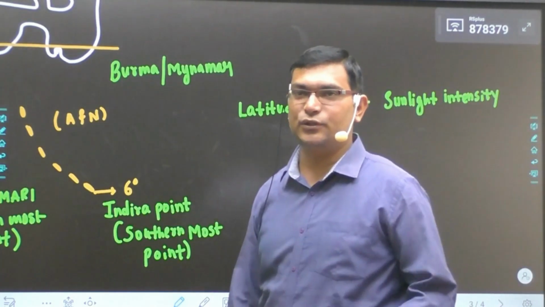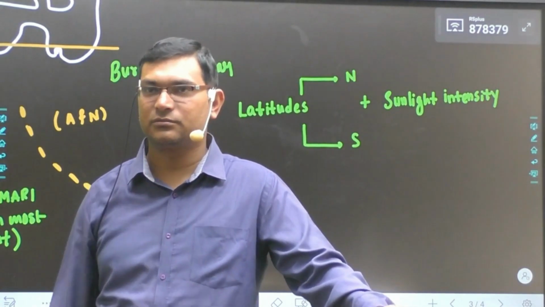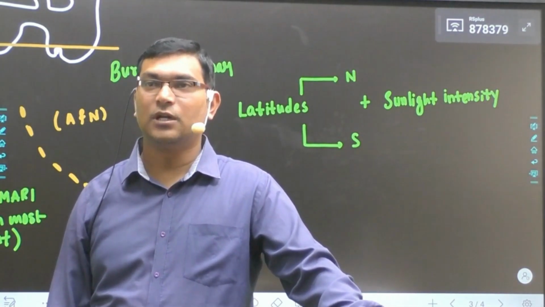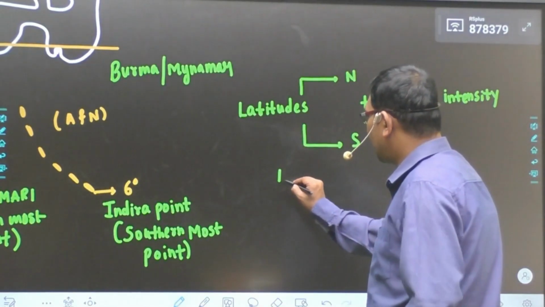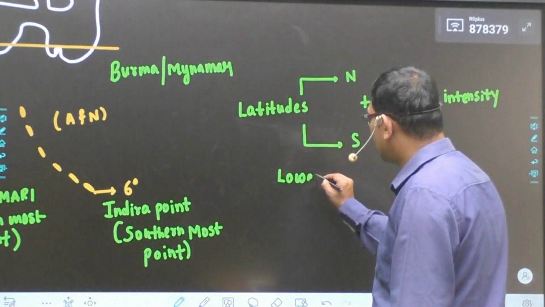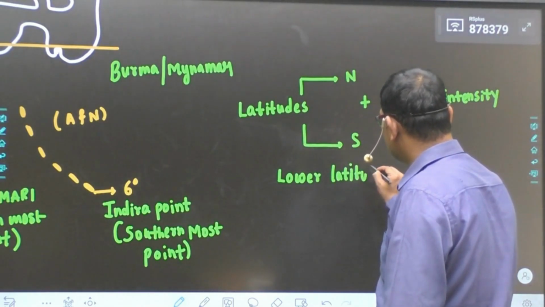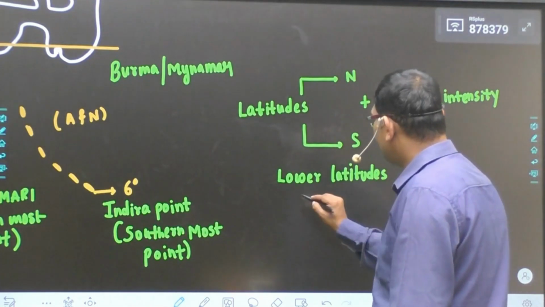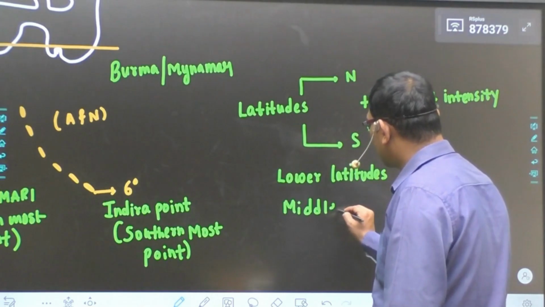Which are low latitudes? Tell me here, which are the low latitudes? We say low or lower latitudes, middle latitudes, and higher latitudes.